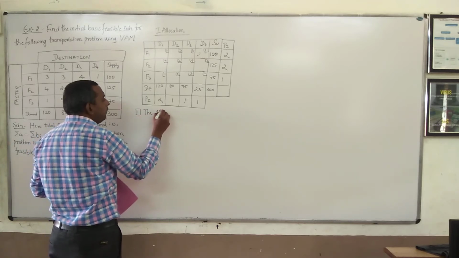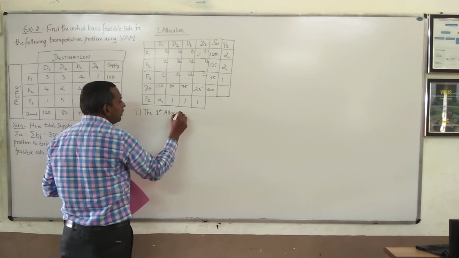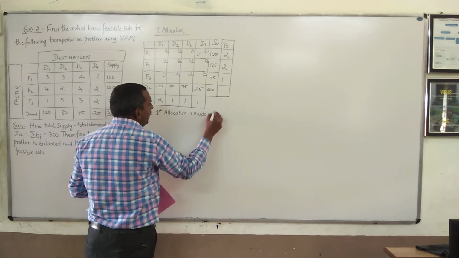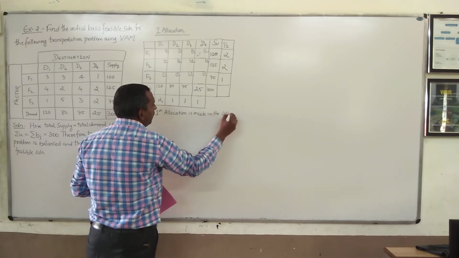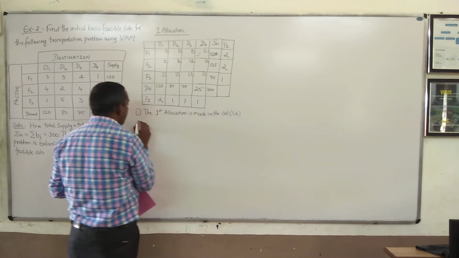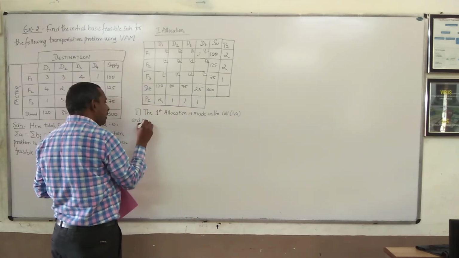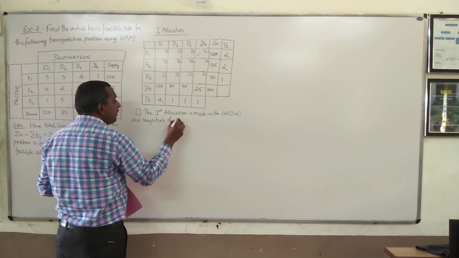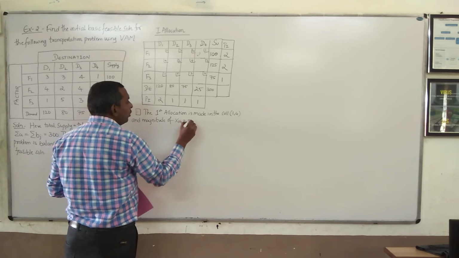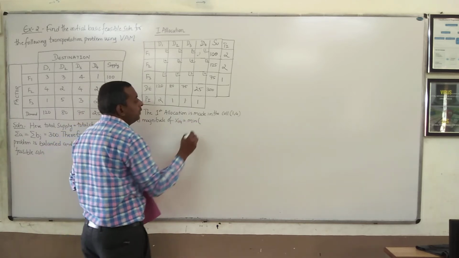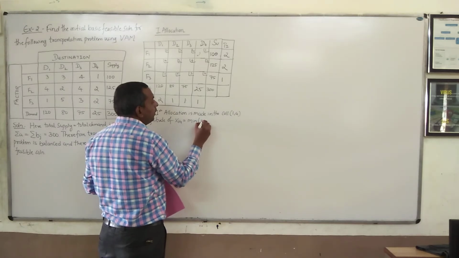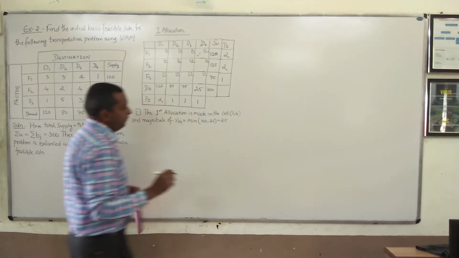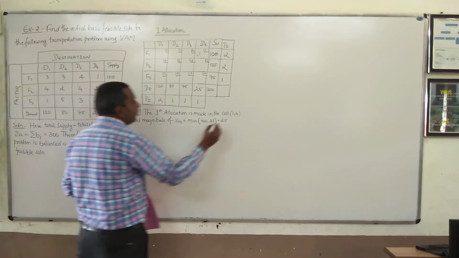The first allocation is made in cell 1,4, and the magnitude of x14 is equal to the minimum of 100 and 25, that is 25. Fine.